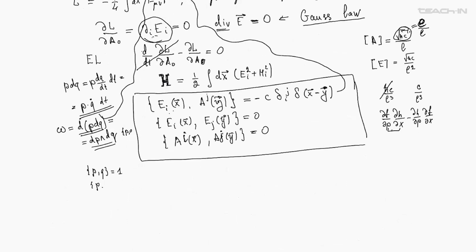That is the canonical Poisson bracket. Now it's implemented in a more complicated setting, the setting of fields, parameterized by the space point x. Okay, that answers your question, right? Yes. Okay, very good.